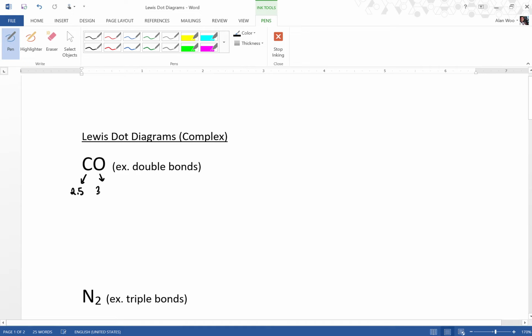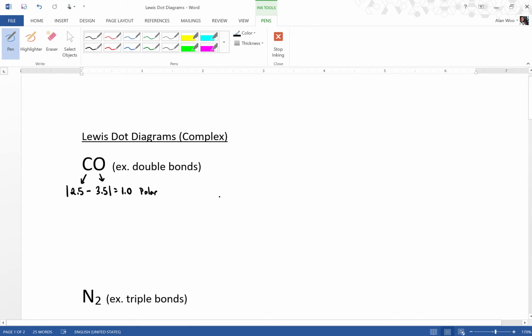Oxygen's is 3.5. When you take the difference, as well as the absolute value, it comes out to be 1.0, which we predict to be polar. So we know that we're going to need delta signs, and whenever possible, if we can obtain some kind of asymmetrical shape, that would be preferable.